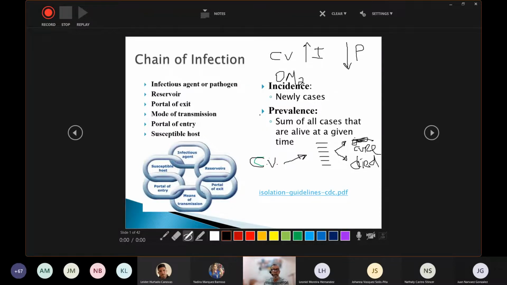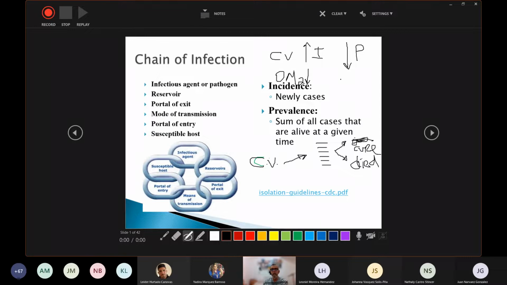Compared with the thousands of people that are reported daily with coronavirus, the incidence, or new cases, of diabetes is low. So diabetes mellitus has a low incidence. Are you clear?